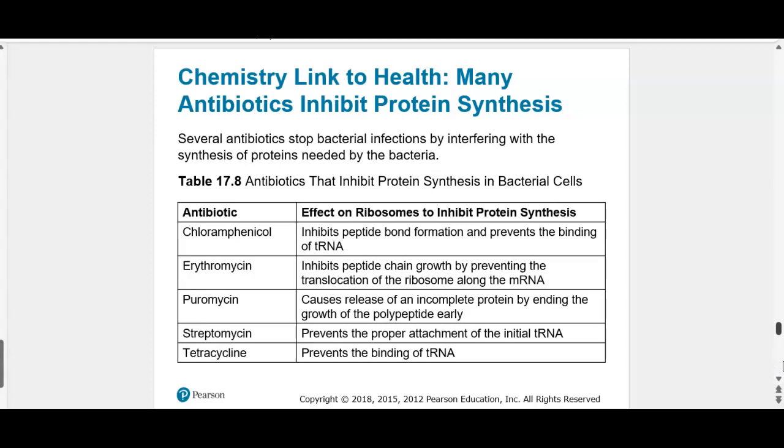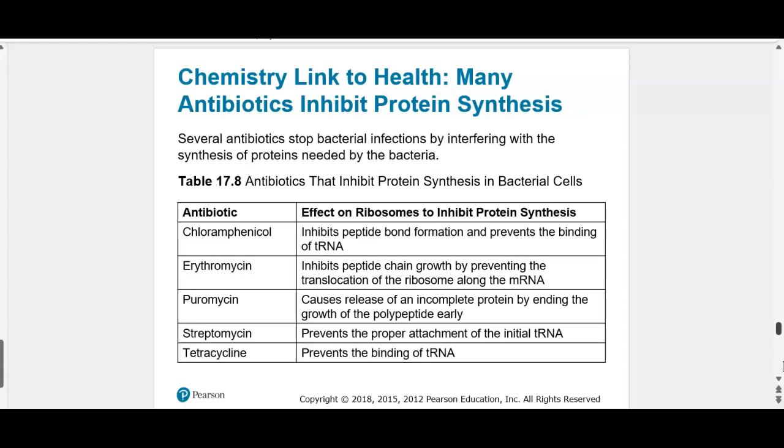There are some antibiotics that inhibit protein synthesis, and here's a few of them. These are going to target bacterial cells, and you've probably heard of most of these, maybe all.